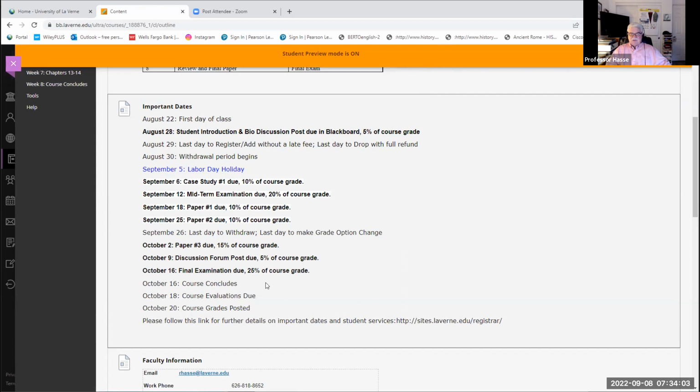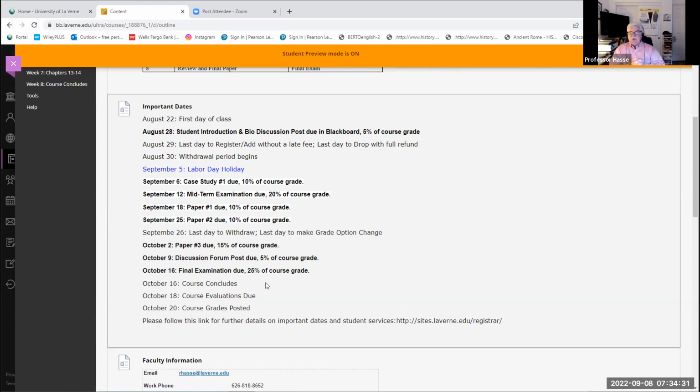Then we get into a discussion forum in our week 7, and then our last week is the final examination concluding the studies of the course. Final examination is going to be very similar to the midterm examination setup. Very broad-based questions highlighting the overall material of the course. The papers will be specific areas or problems of study that we're studying that week.